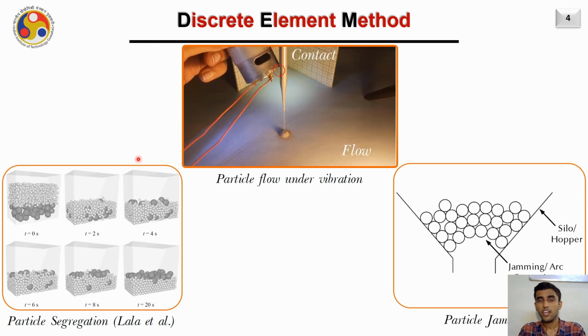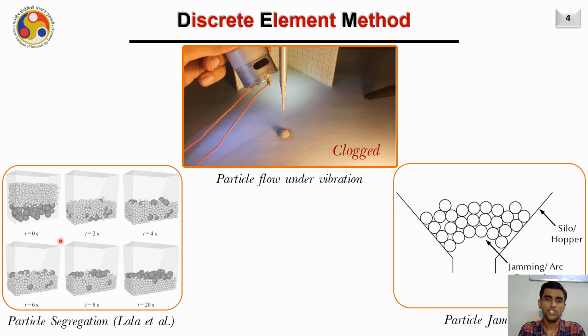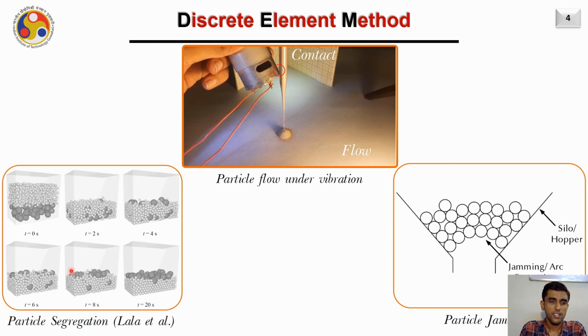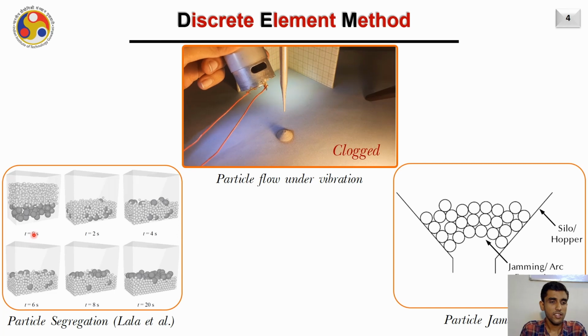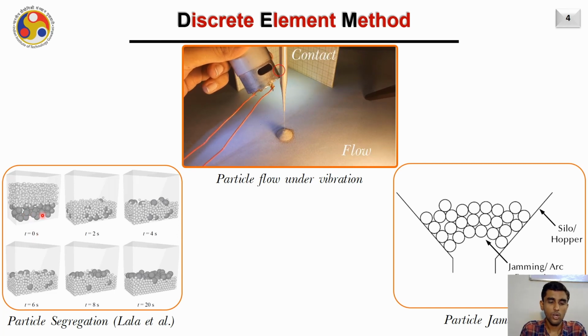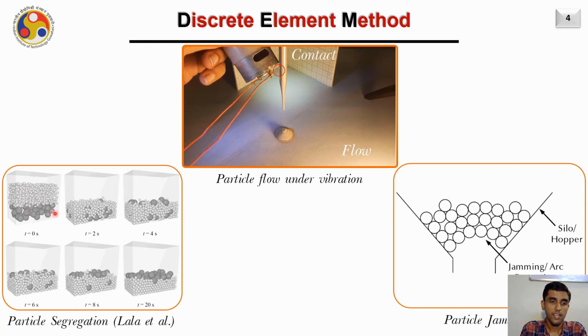Now, because we are trying to resolve the individual interaction amongst the powder particles, we can explore phenomena such as these. The first thing that you see here is the phenomenon of powder segregation. As you can see in this figure, at time equal to 0, the bigger particles are at the bottom and the smaller particles are on the top. In the next frame, you can see that the smaller particles have filled the voids left by the bigger particles.